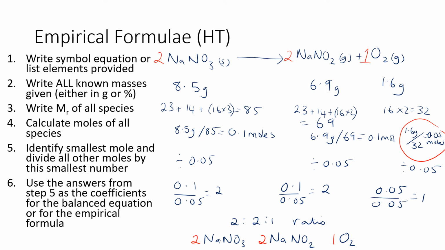Now this can be done not just to balance an equation, it can also be done to work out what the formula mass is of a chemical. So instead of being given a chemical equation, you may just be given the percentage or the mass of individual elements, and you need to work out the chemical formula of how those atoms are arranged in a molecule.